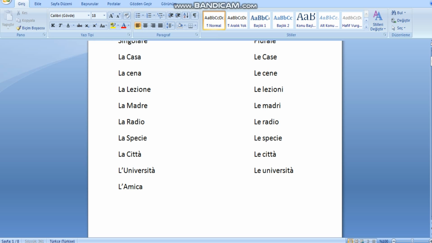And when we change it into plural, we change the article l'apostrophe into le. Amiche. In order to give the same sound of K, here we put the letter H. Le amiche.